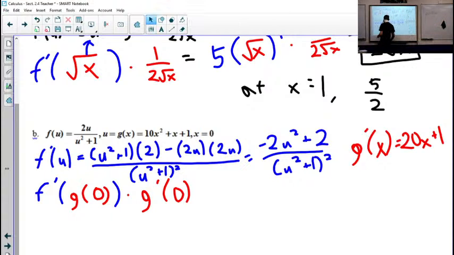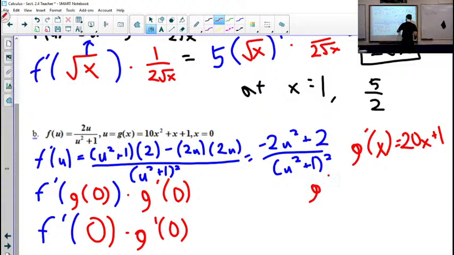So f prime of g of 0. Let's see. g of 0, as I was saying, is just 10 times 0 squared plus 0 plus 1.